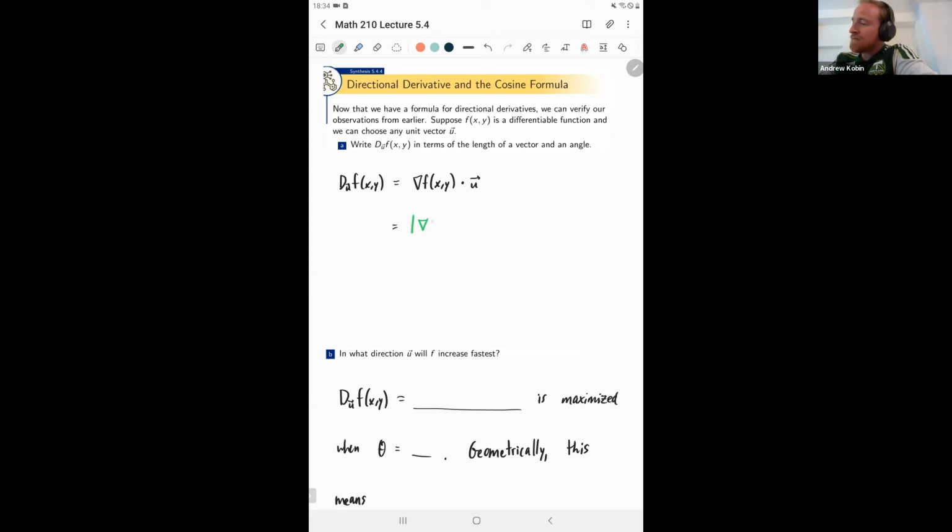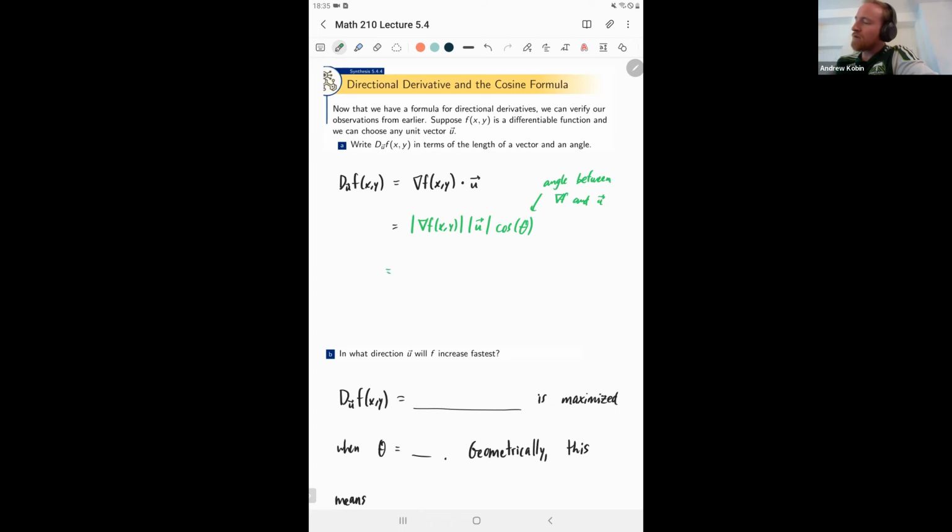So if we take the lengths of these 2 vectors and multiply them, and then further multiply by cosine of the angle between nabla f and the direction vector u, then this is another way of evaluating their dot product. So this tells you how to compute the directional derivative.